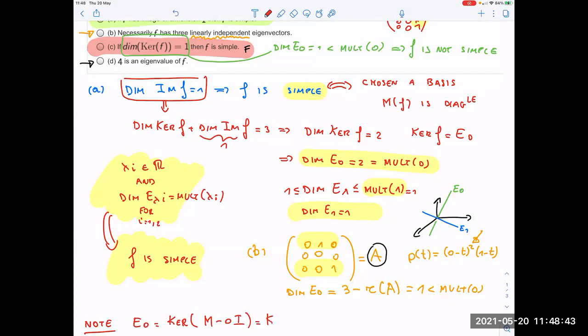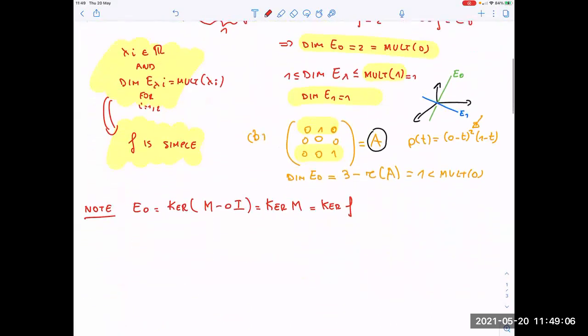So it is the kernel of the associated matrix. And this is the kernel of the linear map, right? So this is why this is true. Okay, good. Now let's move to the second one.